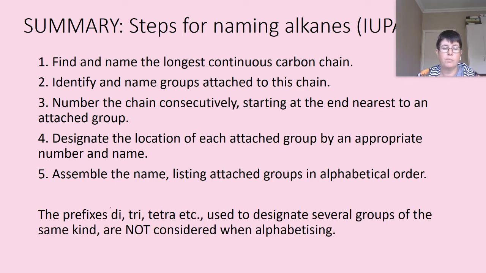Note that if you have more than one methyl group, it might be dimethyl, trimethyl, or tetramethyl, and so you don't count those little names at the front when you're alphabetizing. So those are the steps we're going to go through, and I'm going to show you some examples.